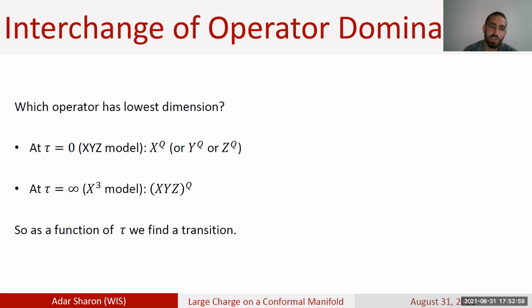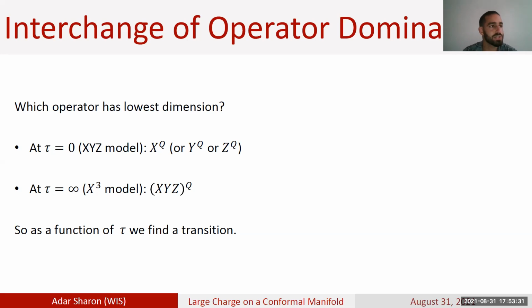This can be seen by just looking at the two limits. If you focus on tau equals 0, which is the XYZ model, then x to the Q or y to the Q or z to the Q are BPS, and so they are the operator with the lowest dimension at fixed charge. While at tau equals infinity, the operator with lowest dimension is xyz to the power Q. So since the operator is different in the two limits, we expect that the operator with the lowest dimension changes as we vary tau between this XYZ model and this X-cube model.